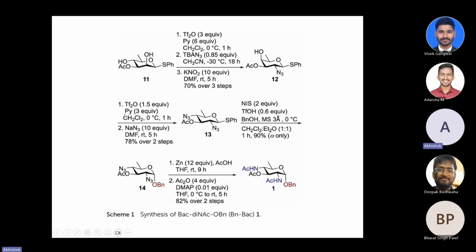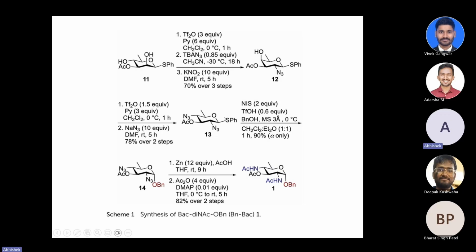Then further reaction with triflic anhydride and pyridine, in DCM as a solvent, and taking sodium azide as a nucleophile to form this C2 and C3 diazido compound.